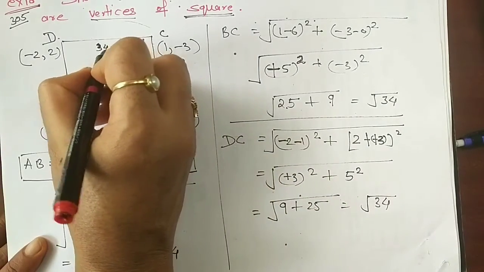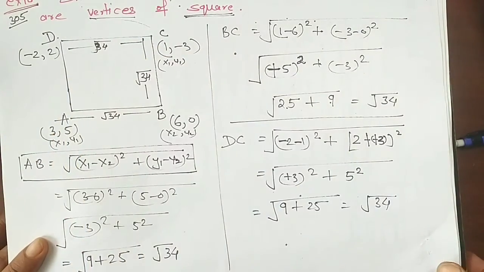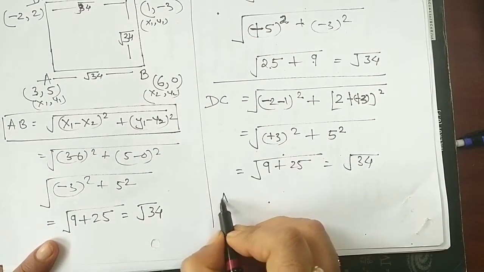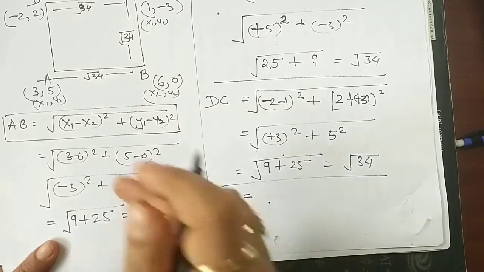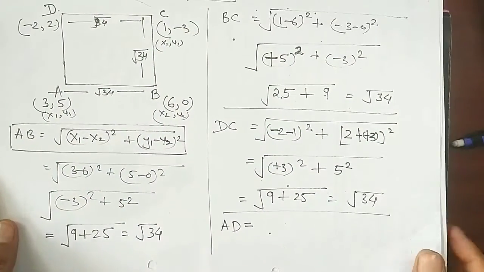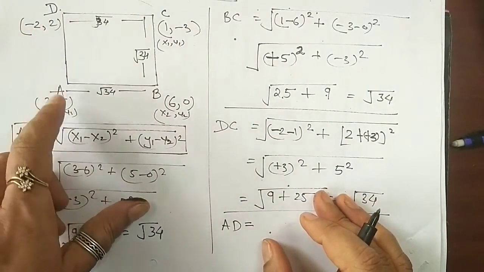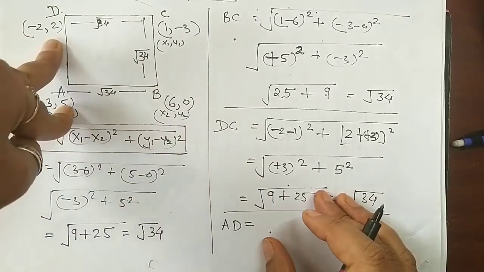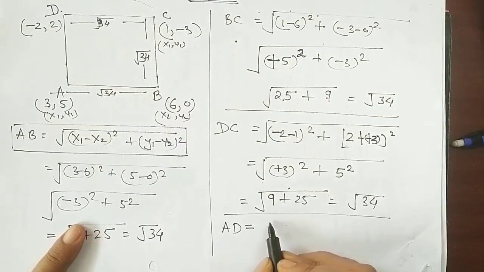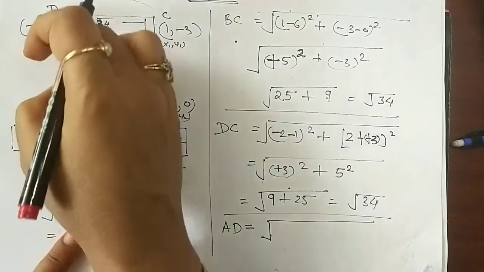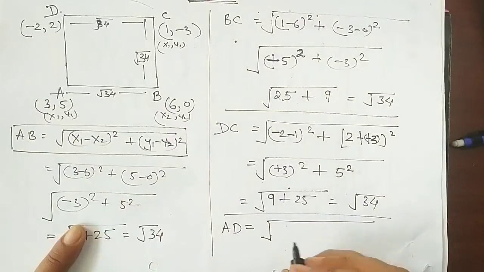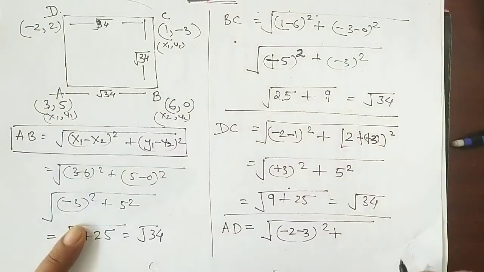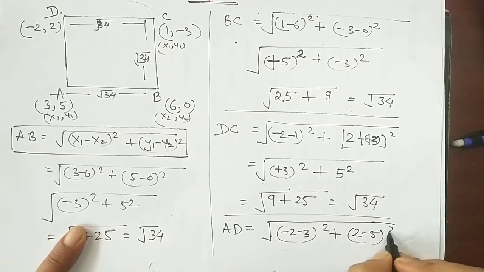तो I am writing it. तो थोड़ा मिल रहा है, राइट. 3 साइड्स तो इक्वल आए हैं. 4th वन देखते हैं, AD. करेक्ट. तो AD इज दिस. आई एम टेकिंग x1 y1 x2 y2. आप उल्टा भी ले सकते हैं. आप इसको x1 y1 और x2 को x2 y2 भी लेके सॉल्व कर सकते हैं. सेम आंसर ही मिलेगा. तो देखते हैं x1 माइनस x2. तो (-2 -3) स्क्वायर प्लस (2 -5) स्क्वायर.